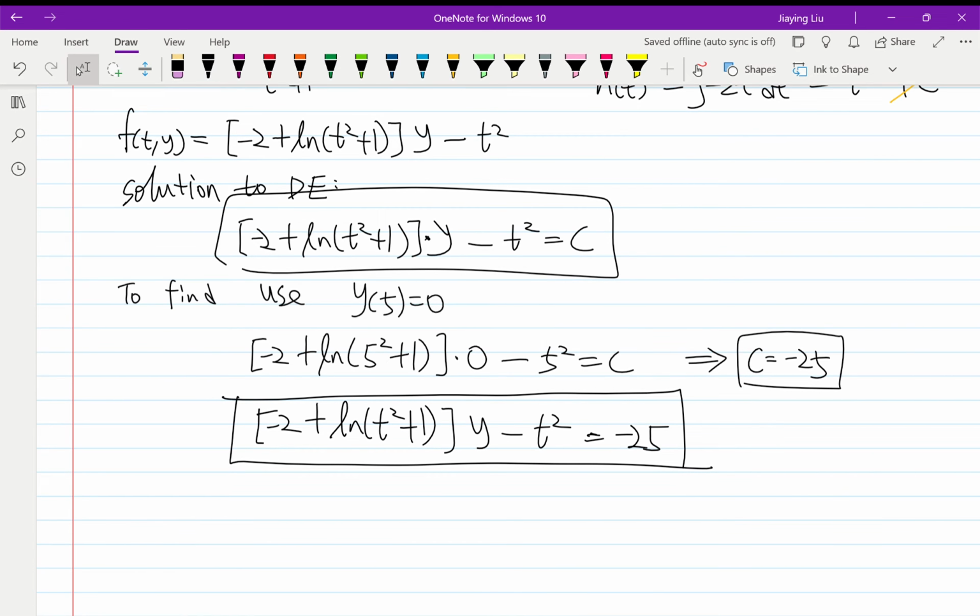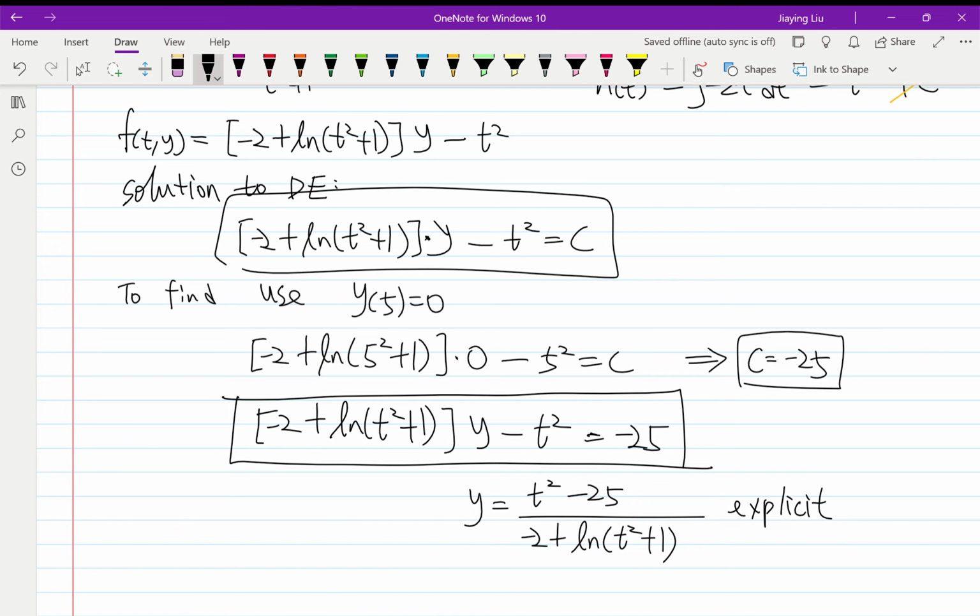If I solve for y here, move the t² to the right hand side, divide by the bracket, I get y equals (t² minus 25) divided by (negative 2 plus natural log of t² plus 1). It looks like that's okay, right? We didn't really run into trouble there. So the solution is actually explicit. Well, at least we could put it in explicit form easily.